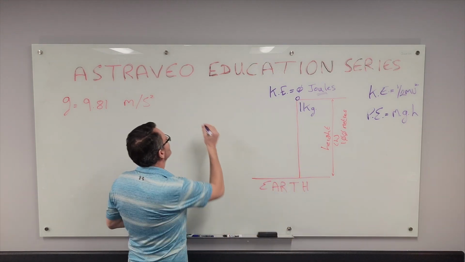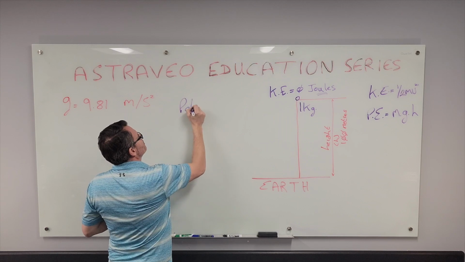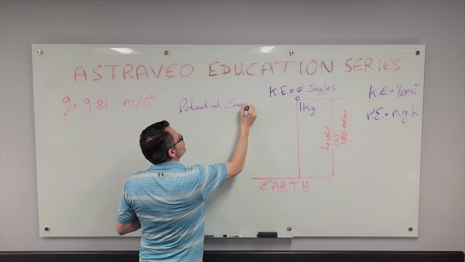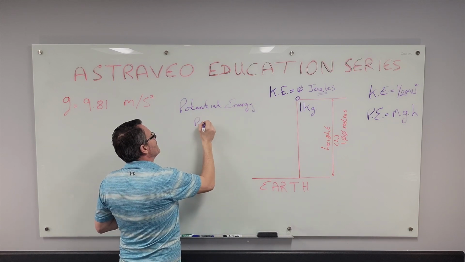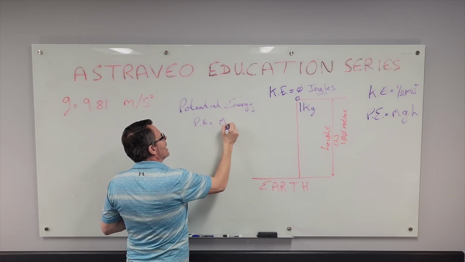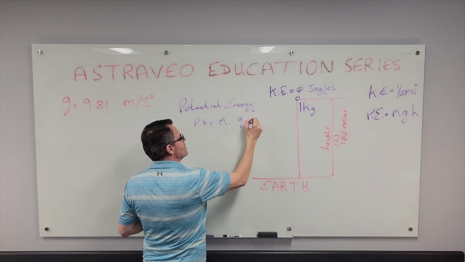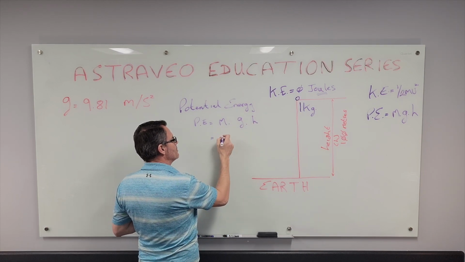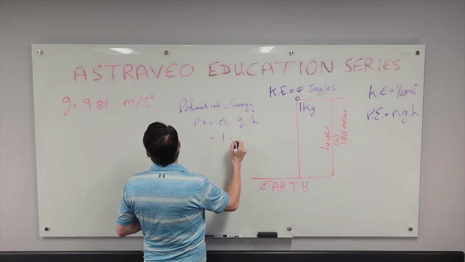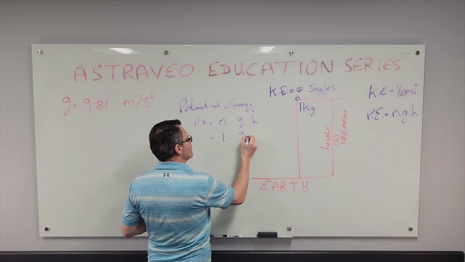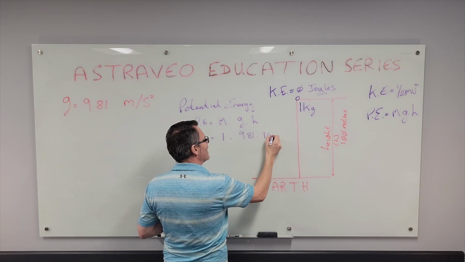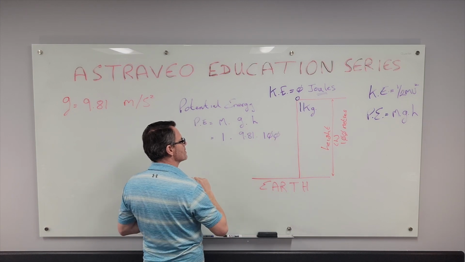Let's do that. So, the potential energy of that object or ball, PE, equals mass times the gravitational acceleration times the height. Well, we know the mass in kilograms is 1. We know the gravitational acceleration is 9.81 meters per second squared, and we know the height is 100 meters.